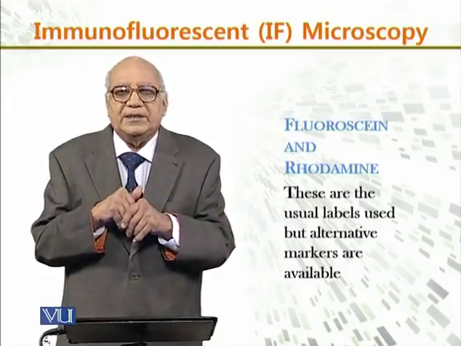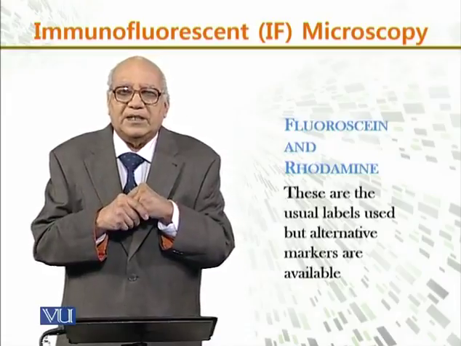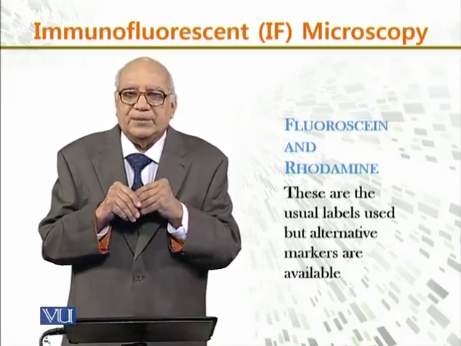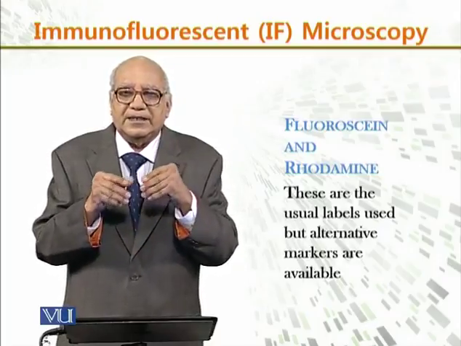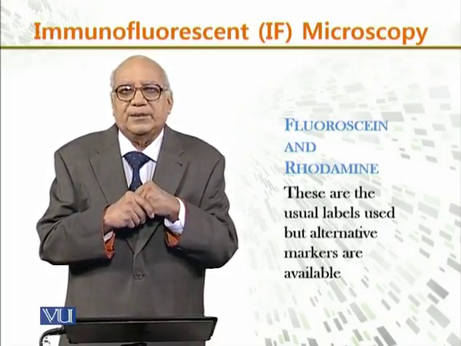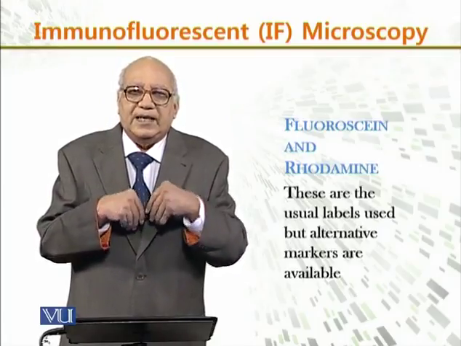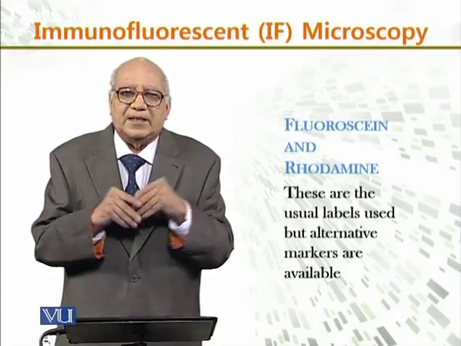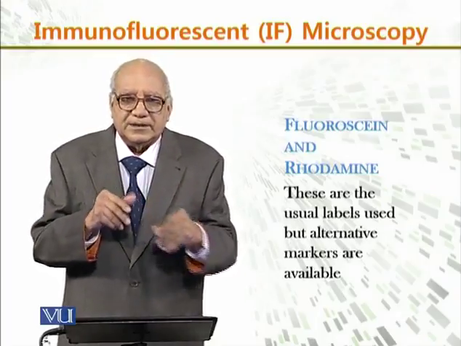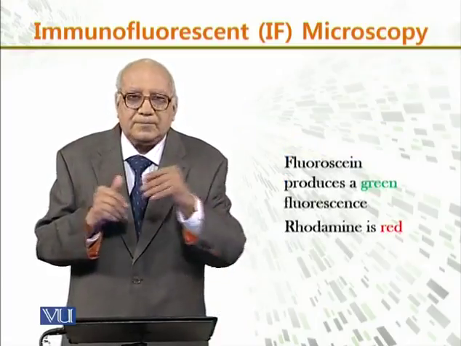Now, fluorescein and rhodamine, these are the two compounds which are the usual labels, and alternative markers are also available, such as radioactive labels. Fluorescein and rhodamine are the labels used for determining the IF.